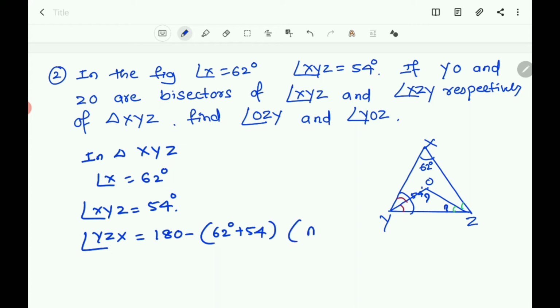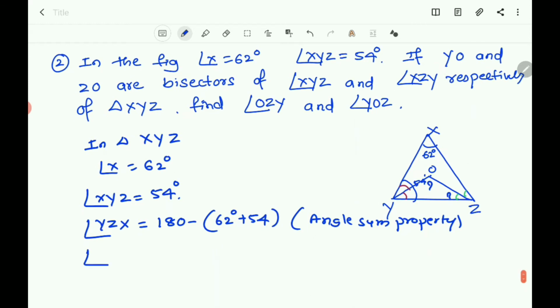So you can use the angle sum property here. So angle YZX is equal to 180 minus the sum of these two, which is 116 degree. That is 180 minus 116, which gives you 64 degree.